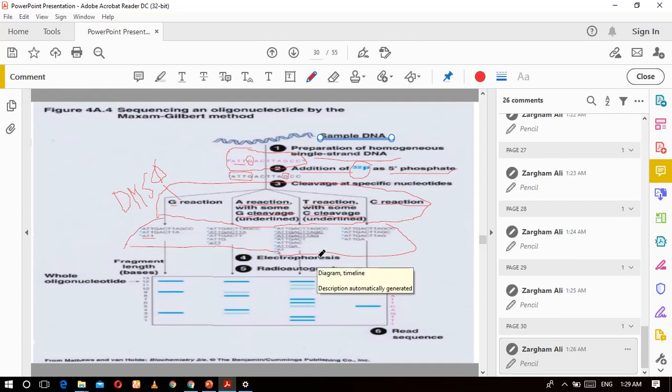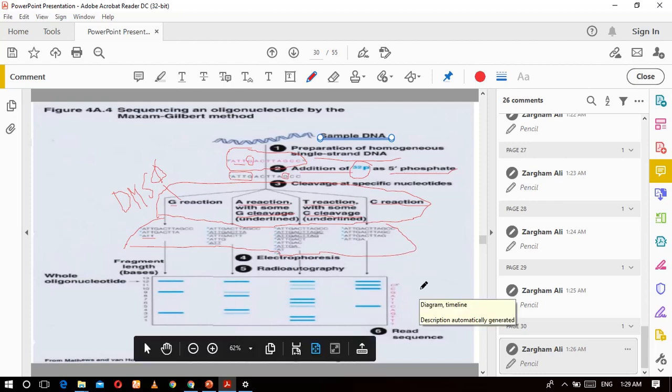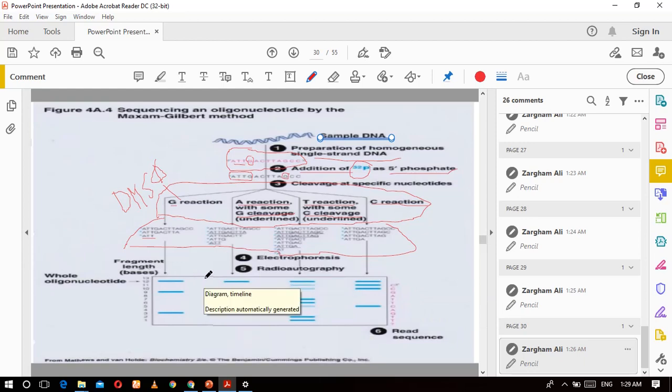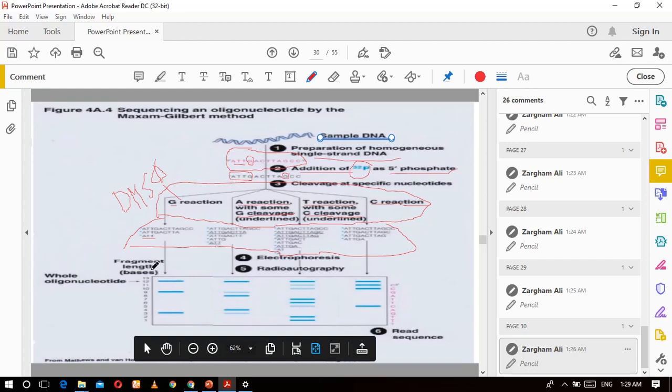Then we do electrophoresis of this DNA sequence and observe it on radioautography. As you can see, we have the fragment length or bases, and then we have the read sequence.